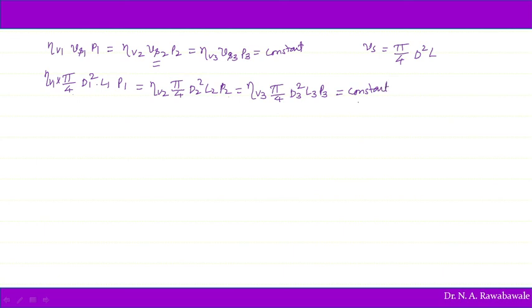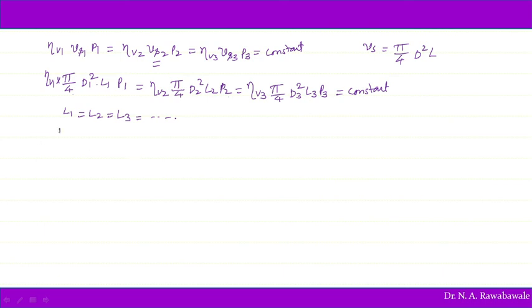Now we assume that the stroke length for all the cylinders is the same, because all connecting rods are connected to the same size of crank. So stroke length L1 is equal to L2 is equal to L3 and so on.